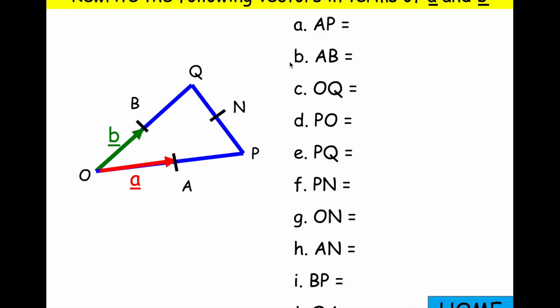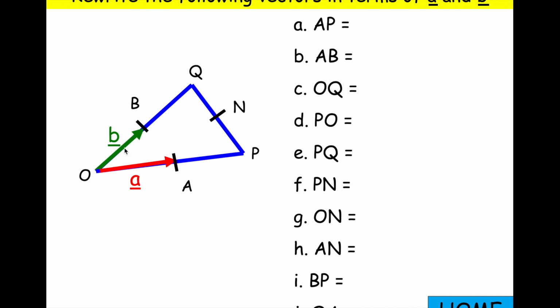Let's take a look at AP. By the way, when you see this notation here, it divides a segment into equal size. So this means that this segment here, QN, is equal to PN, and this one here, OA, is equal to PA.